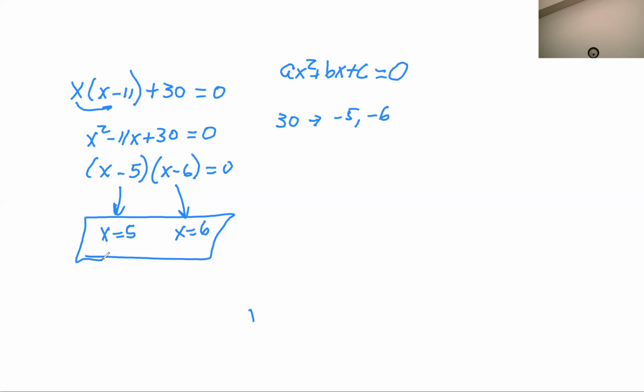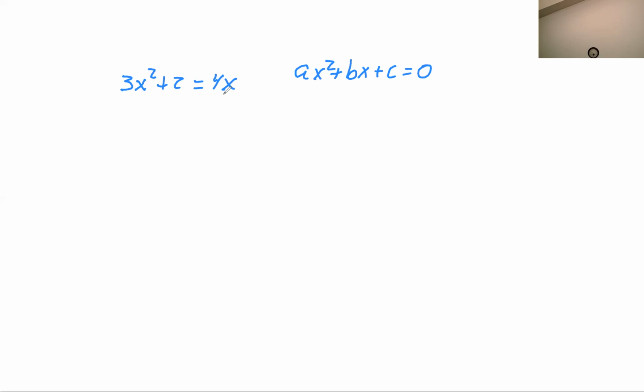Okay, so the last one I want to talk about is an equation that, say, looks like this: 3x squared plus 2 equals 4x. And again, the strategy is, when you're solving a quadratic, you want to get it in its standard form, because then you'd be able to use one of those techniques that we've been talking about.